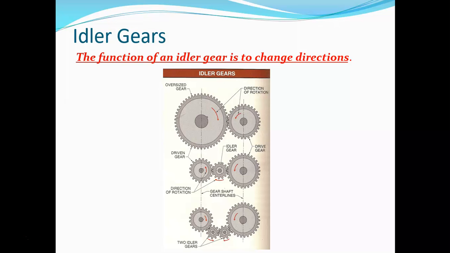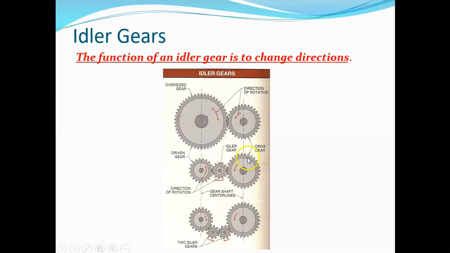What if your motor is turning counterclockwise, and you needed your output shaft to also be counterclockwise? You put an idler gear in between them. The idler gear takes the clockwise motion, and then it converts it over to the counterclockwise direction.